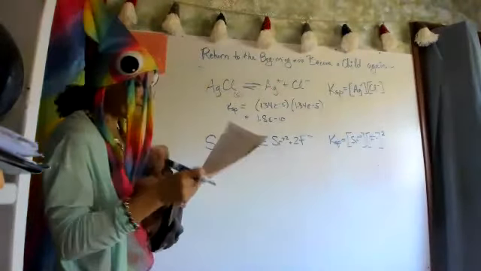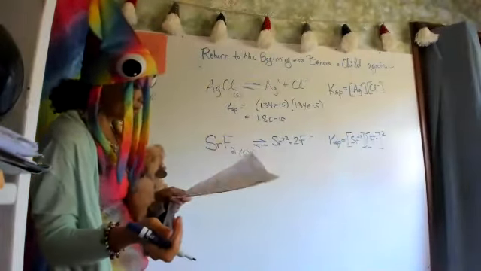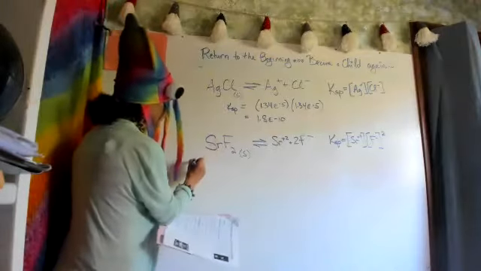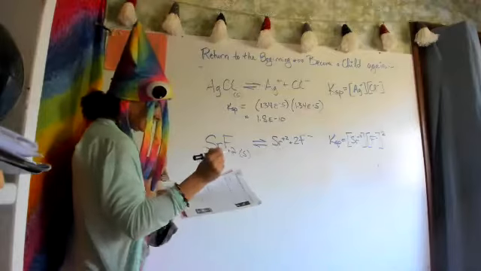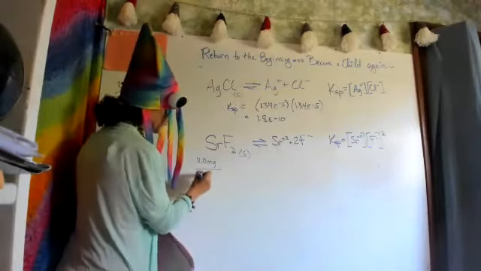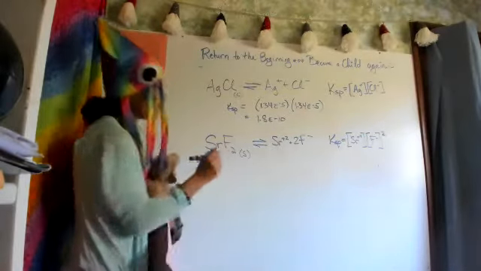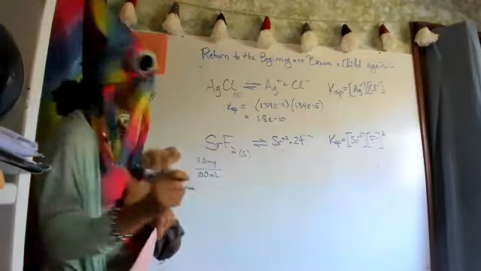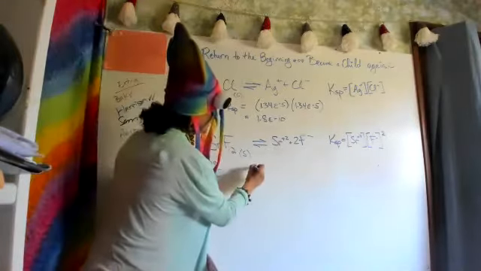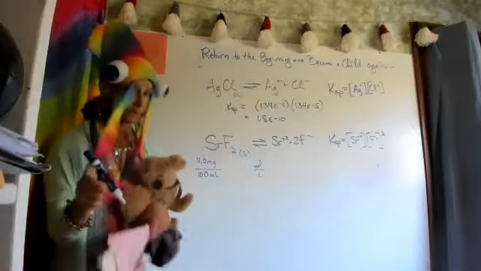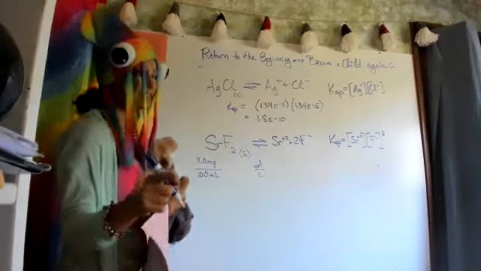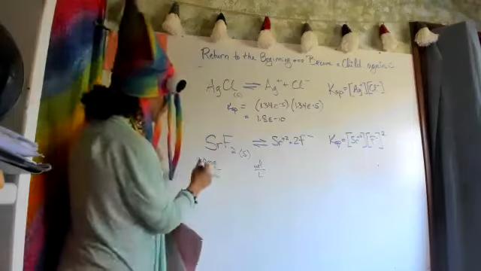So for this one, I started you with 11 milligrams and 100 milliliters. Back to what I said earlier, you have to be in molarity. So we need to figure out our moles per liter. This was a trick I mentioned last week or the week before.